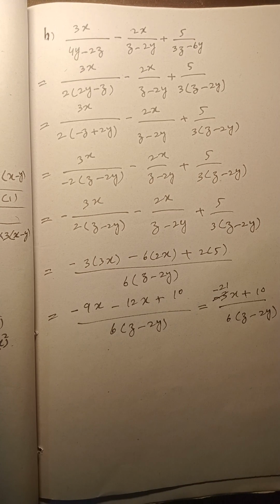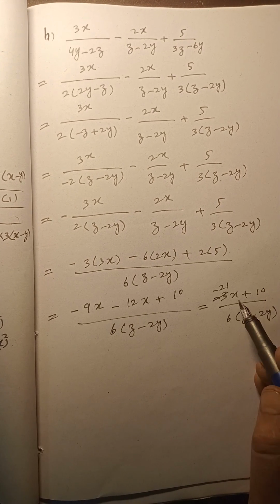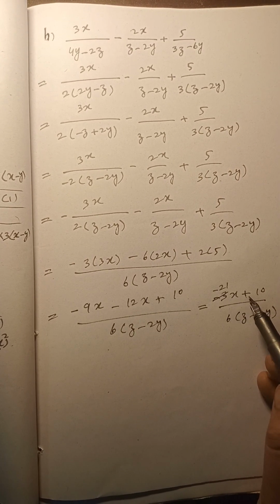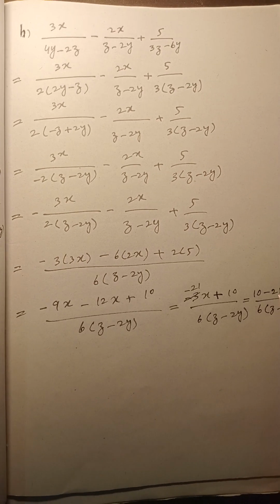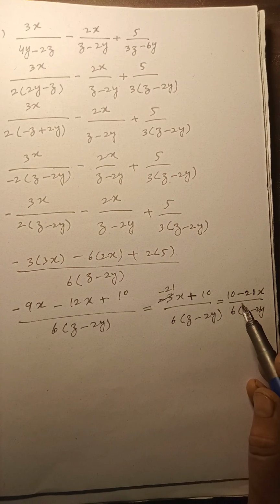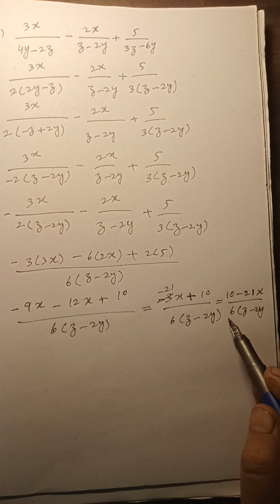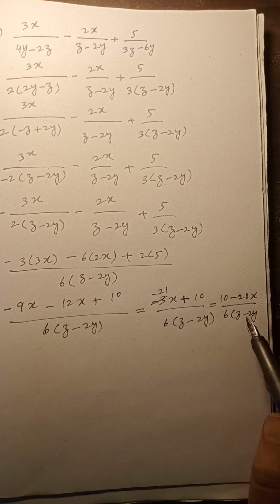Now cancel out these if possible, but we can't cancel these because minus 21x is being added to this 10, and we should change the arrangement to little extent. 10 should be written first and then minus 21x later, so that minus 21x can be shown that it is only of this term. 6 into z minus 2y, 10 minus 21x over 6 into z minus 2y. This is our final answer.